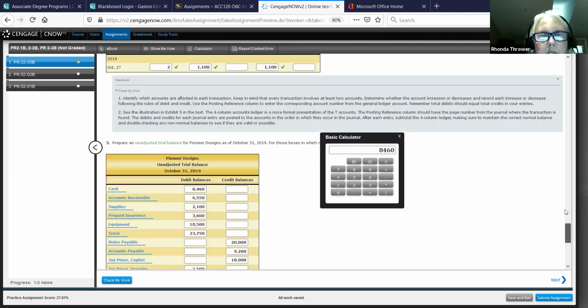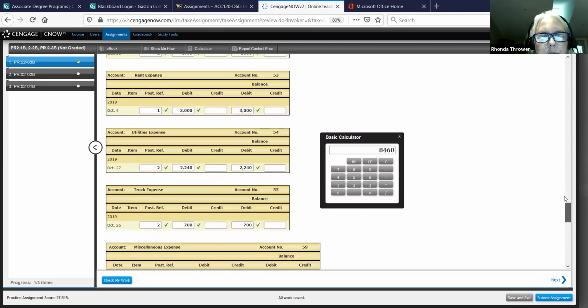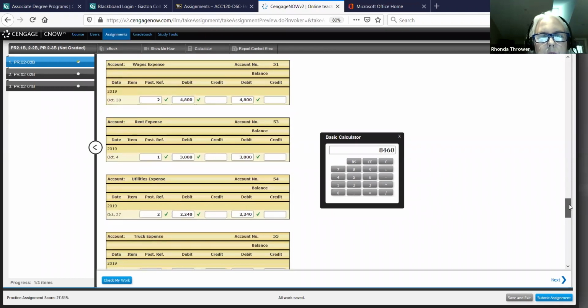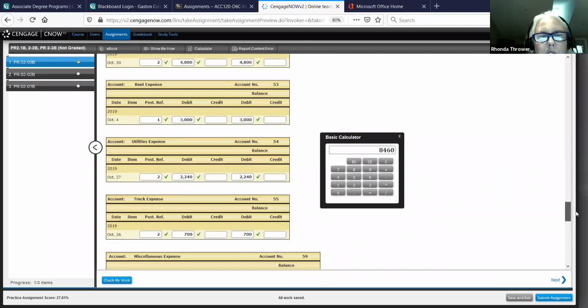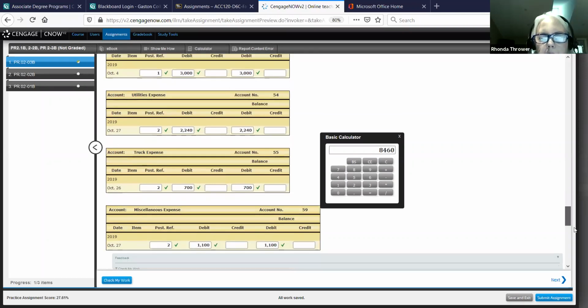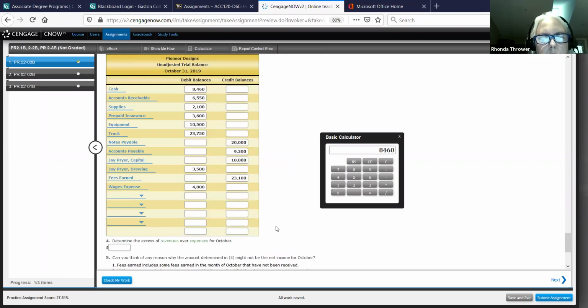Your next account is rent expense, which has a debit balance of $3,000.